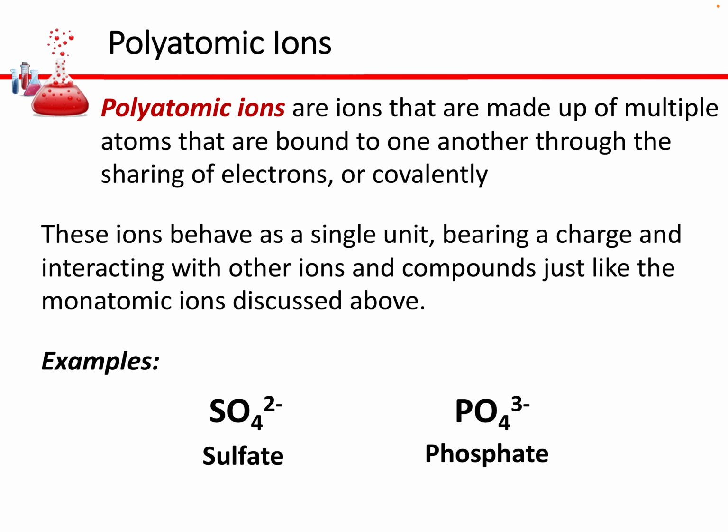If we have H bonded with chlorine, HCl is hydrochloric acid. So you'll use that later in the lab. But H plus is considered the acidic component when you have H plus in solution.